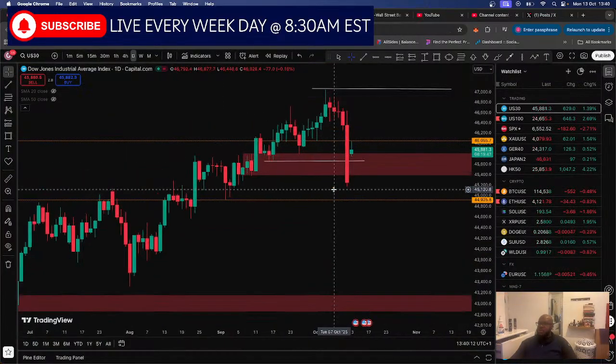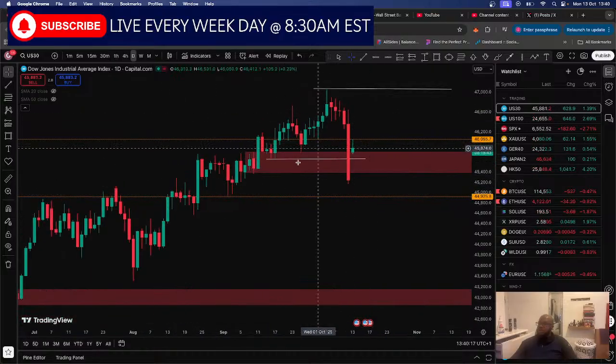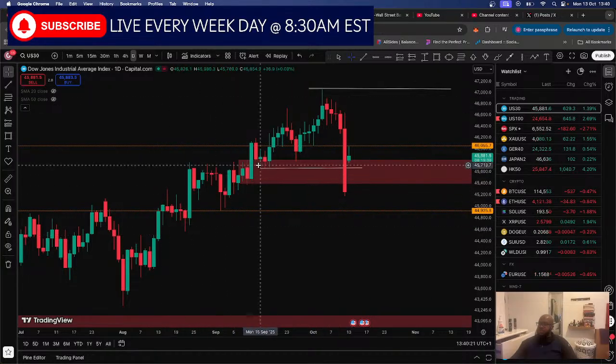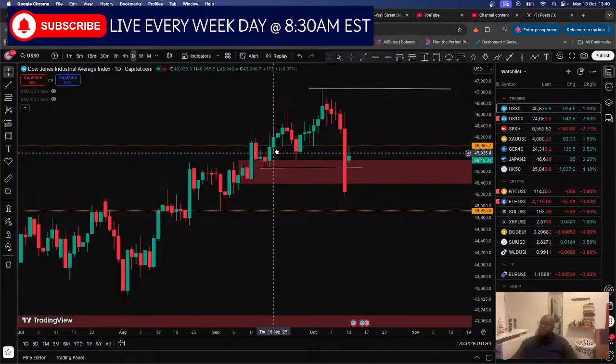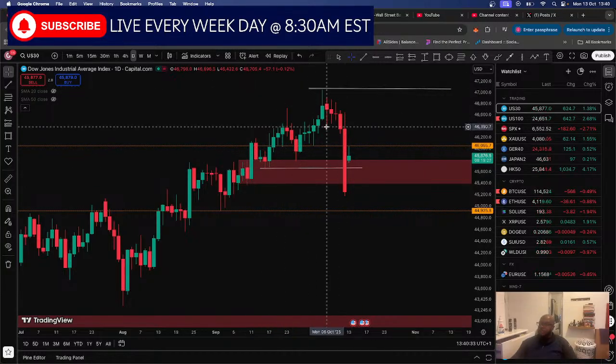What I want to do first and foremost is go over the chart as is, just so you have a rough idea of what's been going on. This is the US30 chart, and what you want to understand is that when the market's trending, you always want to target your external highs at the high of the market.